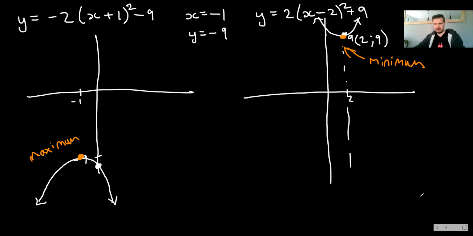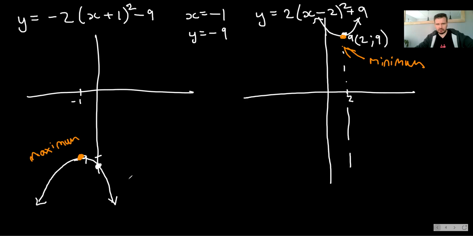And now we're going to look at the third form, which is dealing with our x-intercepts. So it'll look like this. So what are we doing? We're doing A in yellow.